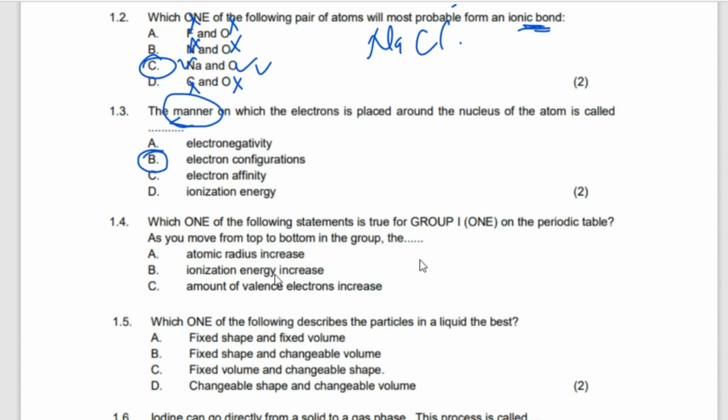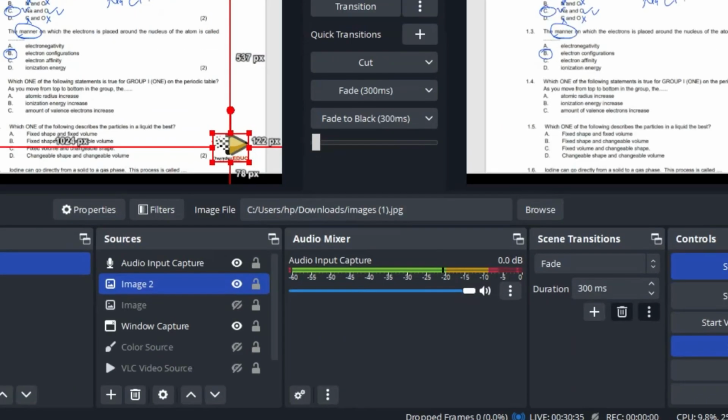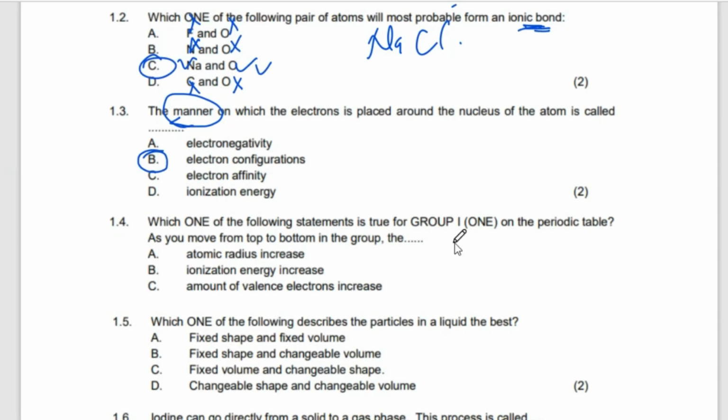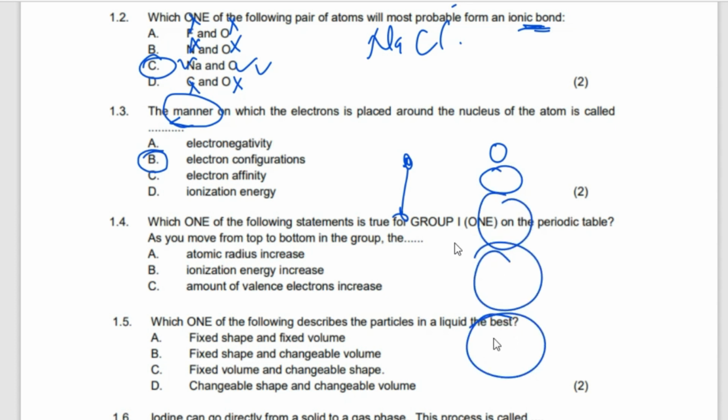That's why some students were asking me to first go through the highlights. As you're going from top to bottom, you are adding shells. So when you're adding shells, you are increasing the size of the atomic radius or atomic size. So atomic radius increases, correct?